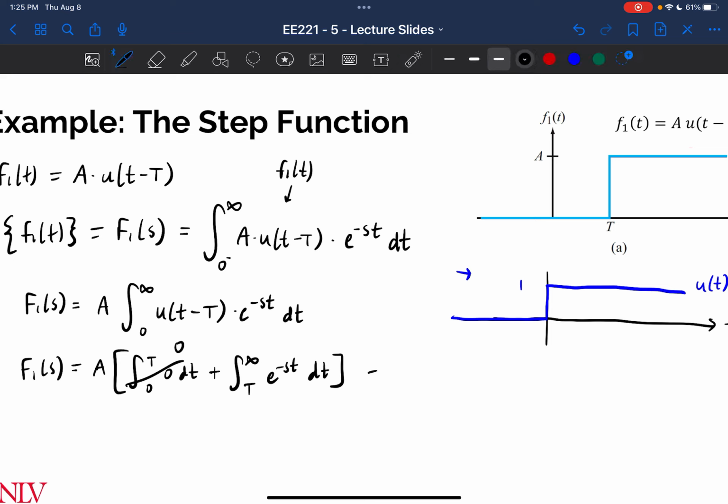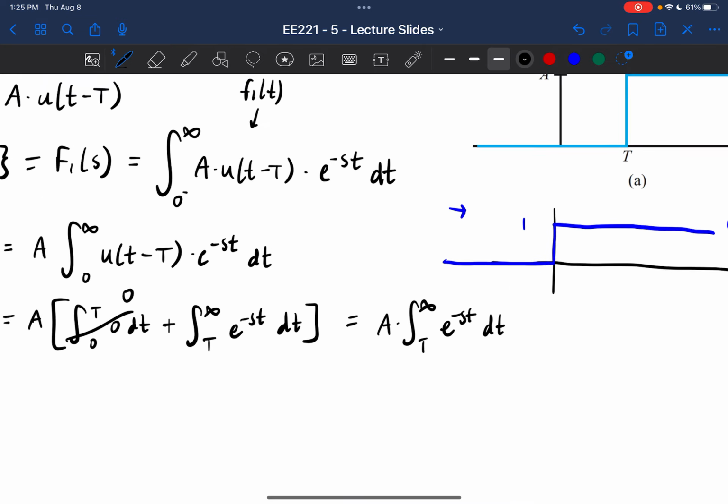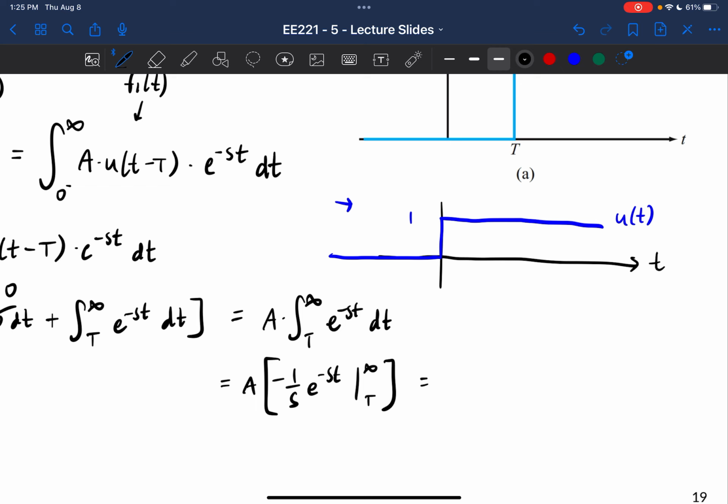So we can say that this is equal to a times the integral from T to infinity of e to the minus st dt. And so when we take this integral, this should be pretty straightforward. e to the minus st is just going to give us a negative 1 over s e to the minus st. And then I integrate from T to infinity. And so I can plug in here a times negative 1 over s e to the minus s times infinity, right?